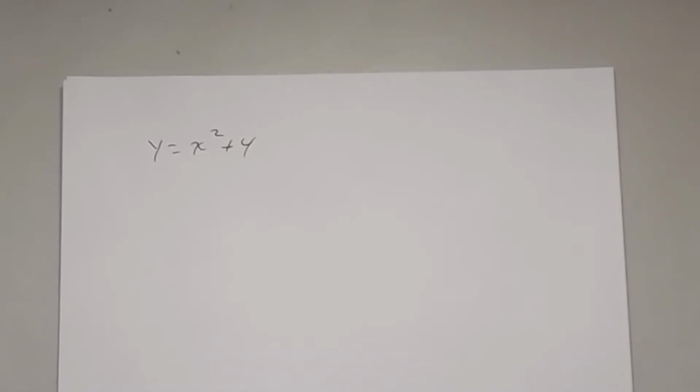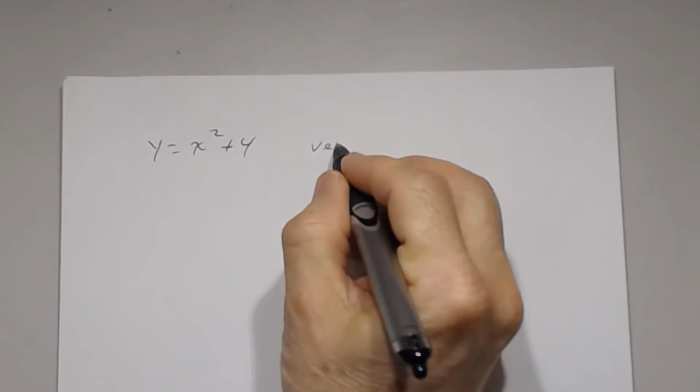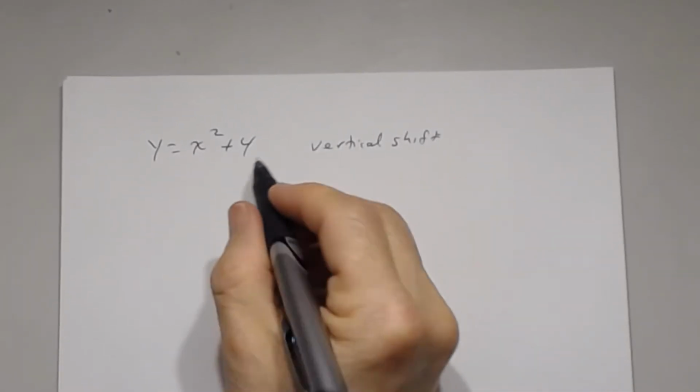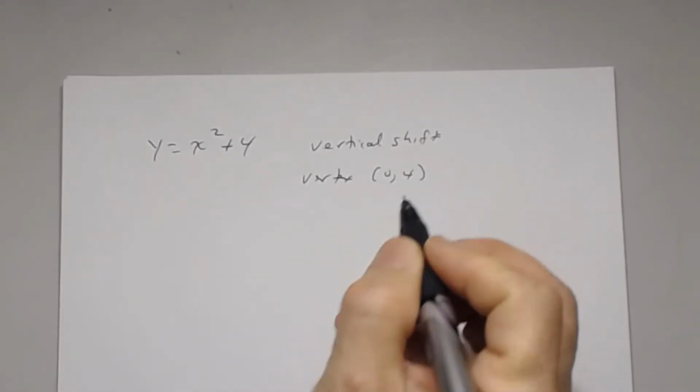For the parent function, where's the vertex understood to be? At the origin. So in your mind, you have that origin there, and then you're shifting it which way? Up 4. So what's the vertex? 0, 4. Very good. So the vertex is 0, 4. This is a vertical shift. And so the vertex then will be 0, 4.